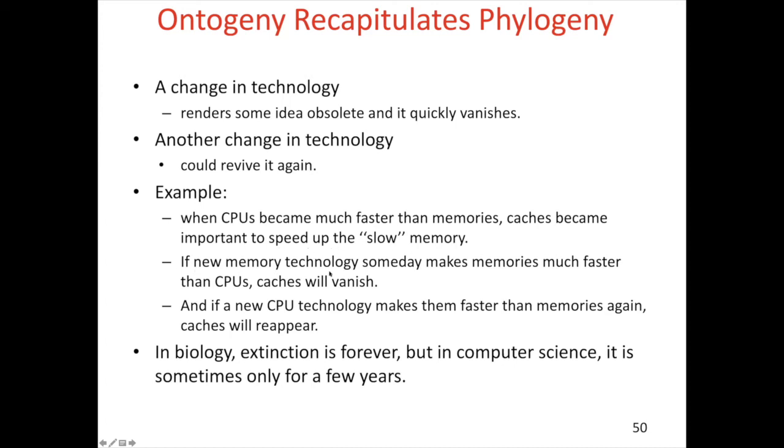If new memory technology someday makes memories faster than CPUs, caches will vanish. And if a new CPU technology makes them faster than memories again, caches will reappear. In biology, extinction is forever, but in computer science, it is sometimes only for a few years.